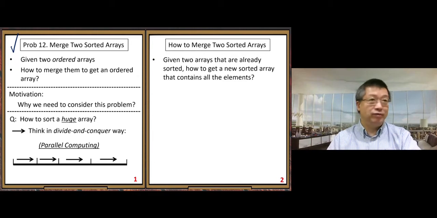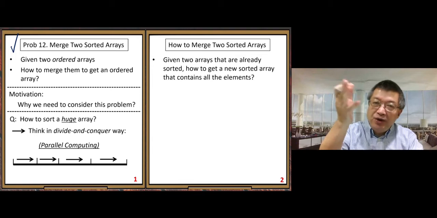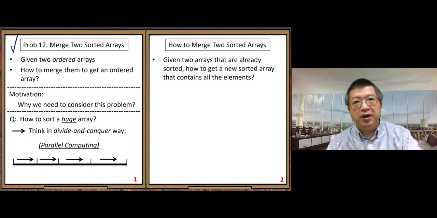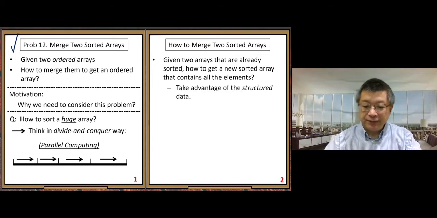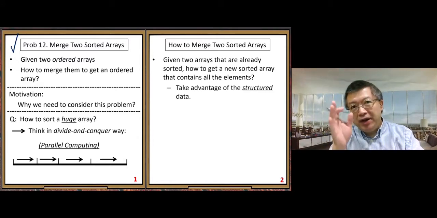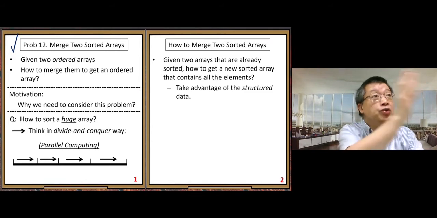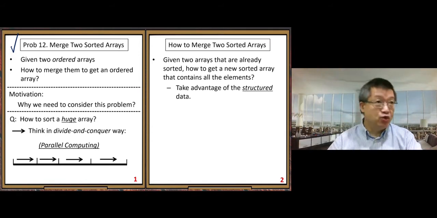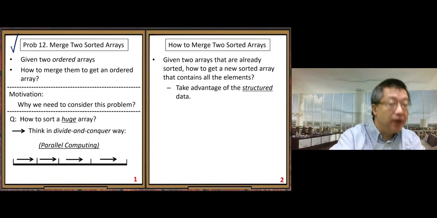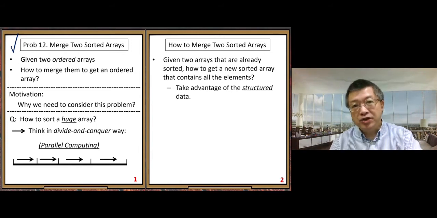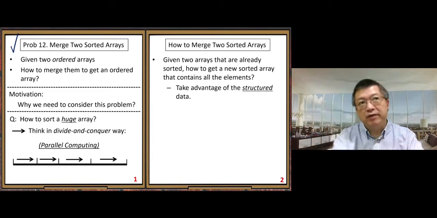Let us try to use that experience here. We want to take advantage of structured data. What do you mean by structured data? Two sorted arrays. We can treat that as structured data. But the question is, how do we take advantage of the structured data?